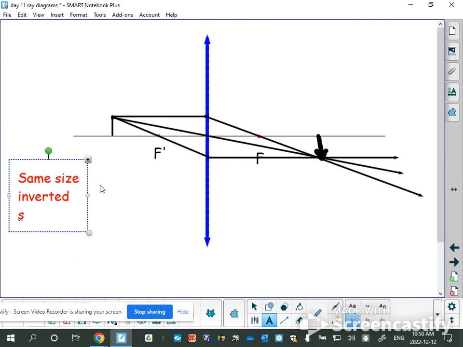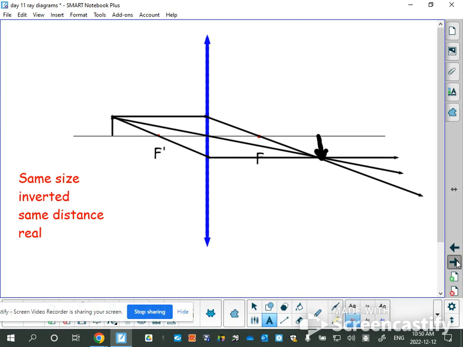Definitely same distance. And I would also say that that is real, because inverted images are always real. And that is where I would have moved my screen back and forth until my image appeared on that screen as focused.